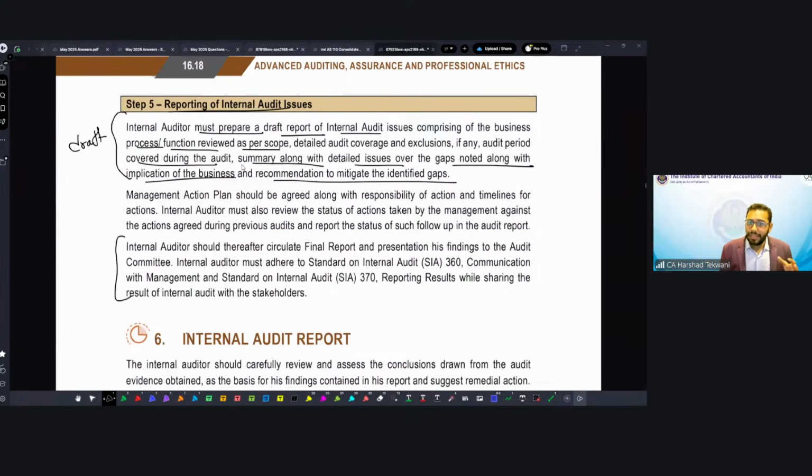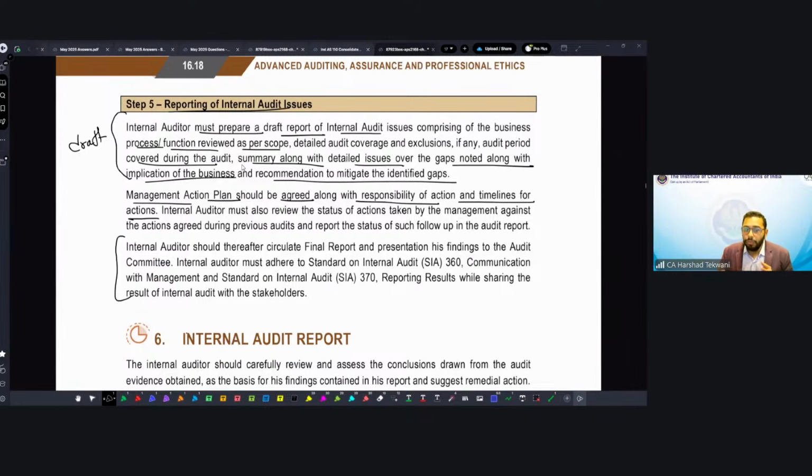Now, once you have this draft report, you issue it, and then you go to the management and ask for the management action plan. You agree on that along with the responsibility for the action plan and the timelines for their actions, by when they will take these actions.